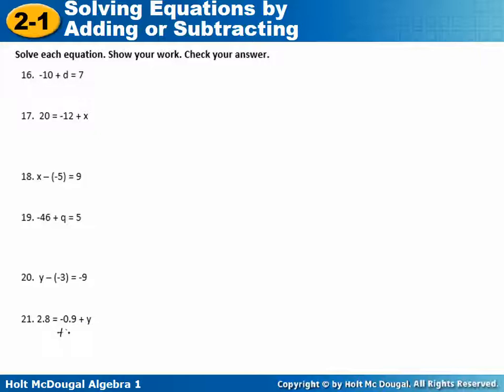So the easiest thing is just to add 0.9 to both sides. I usually just forget the 0 in front and write it that way, which is fine as well. And you're welcome to grab your calculator and check that 2.8 plus 0.9, I got 3.7, and that's what I get for y.